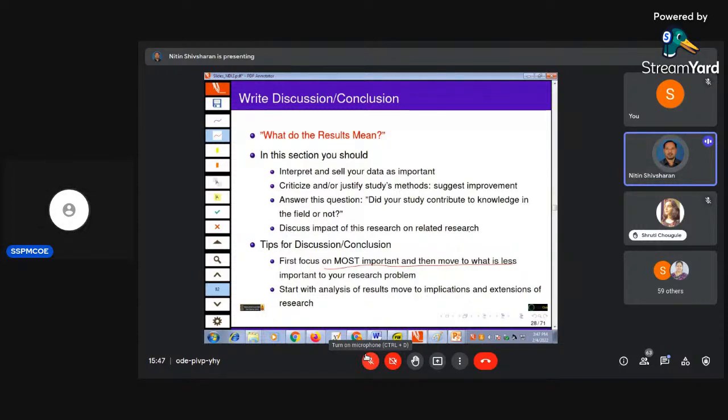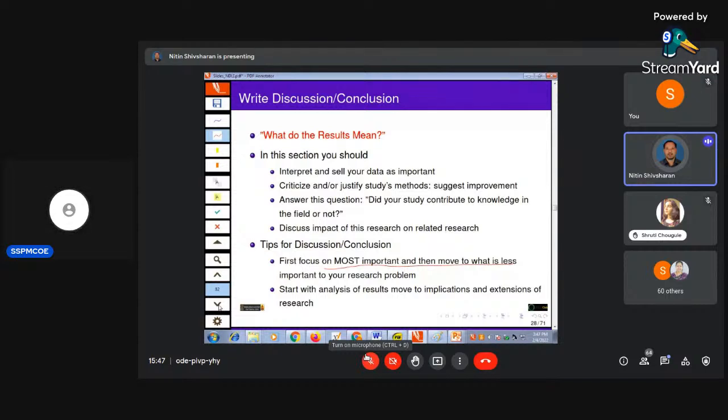Start with analysis of results and move to the implications and extension of the research. While writing the discussion section, start with the analysis, put your own results, write something about them, then compare your results with previously presented research papers' results, and also compare with different parameters.